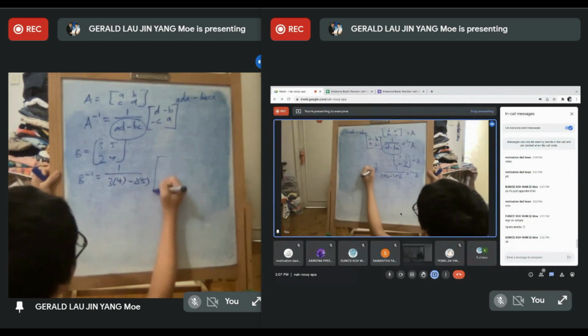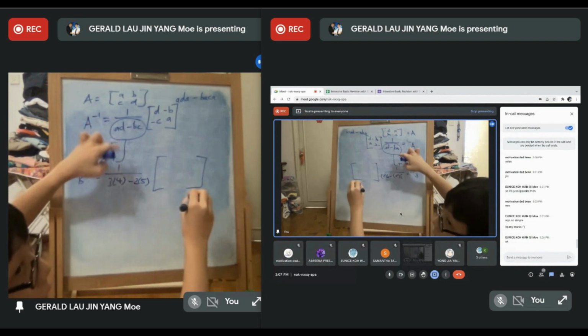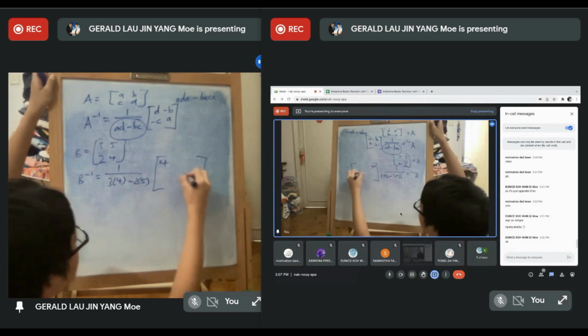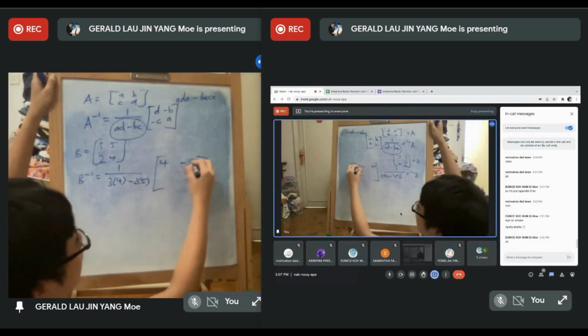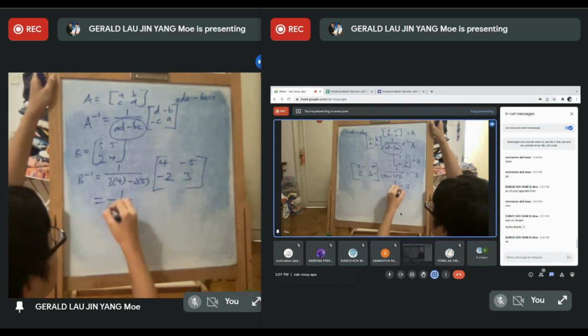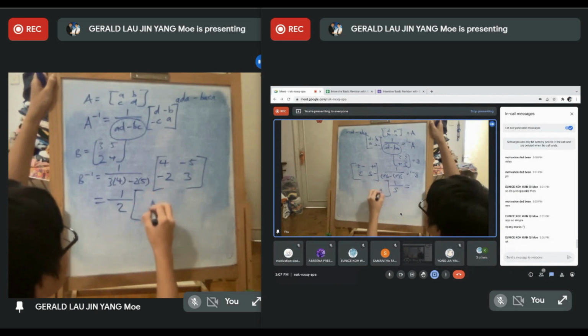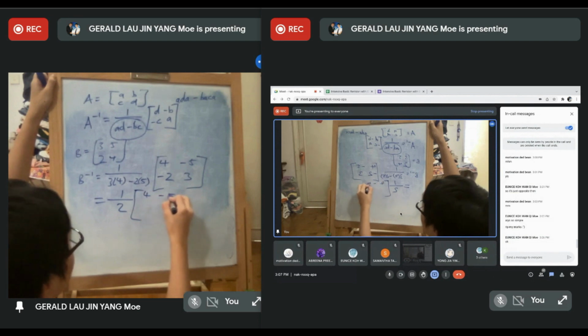Okay? And then inside your array, how? 3, 4, AD switch position, 4, 3. Negative B, negative C. Then you calculate lah. 12 minus 10 should be 2 lah, okay? So this one 4, negative 5, negative 2, 3.